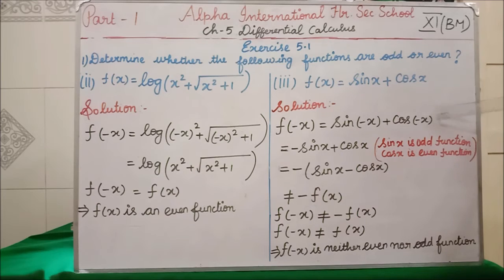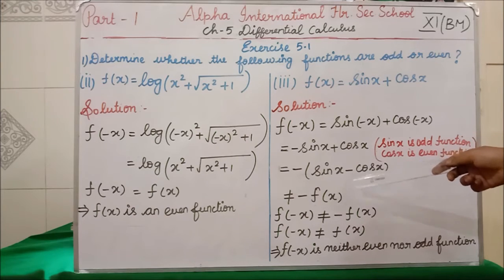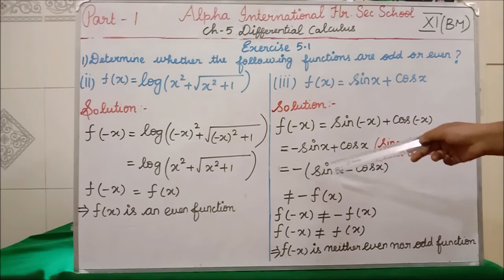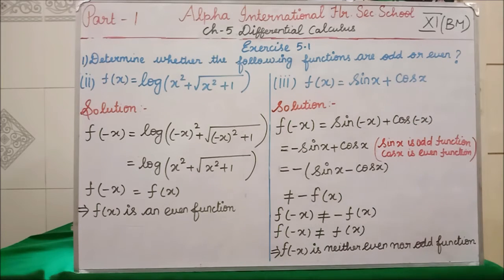Since it is even, it has become positive. I am writing here cos x. Clear? I am taking minus commonly from the two terms. If I take minus commonly out, this plus sin x will become minus sin x, so if you multiply, minus into minus is plus cos x we will get.